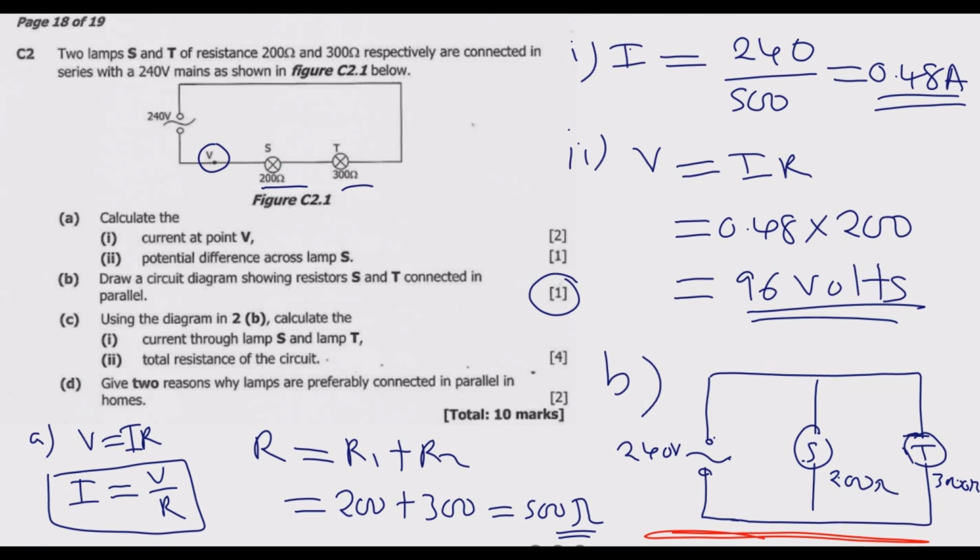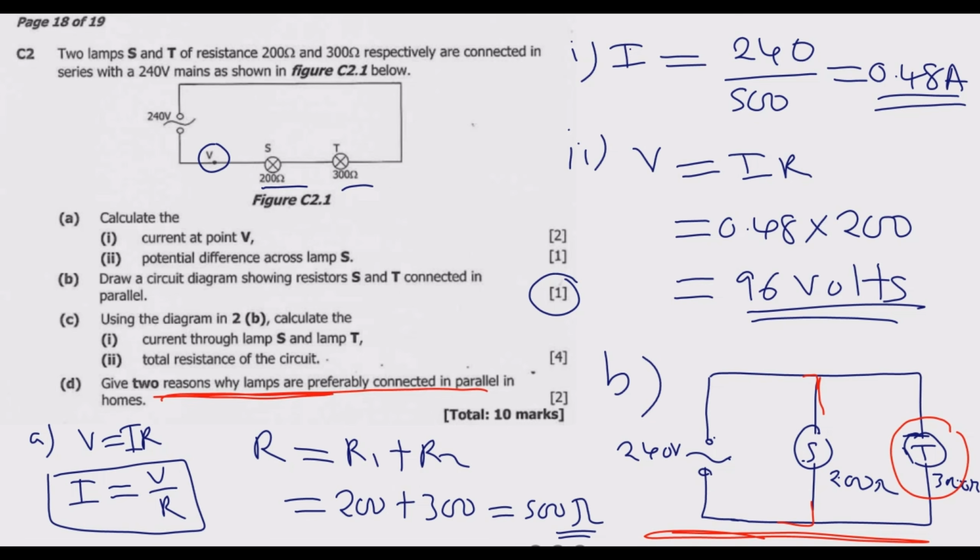if one component, let us say T is bent, if T is bent, potential difference will still be able to pass through the circuit and still S will be on. That's one of the advantages or the reasons why this is normally used in the homes.